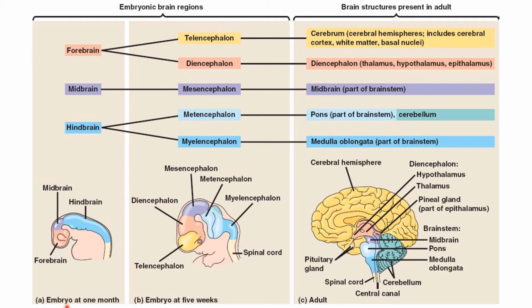So in here you will see the embryo at 1 month. The colors there, the pink one would be the forebrain, violet would be the midbrain, and then the hindbrain would be light blue. Okay? So, the embryo at 5 weeks will have the telencephalon as an addition, and then of course the spinal cord.